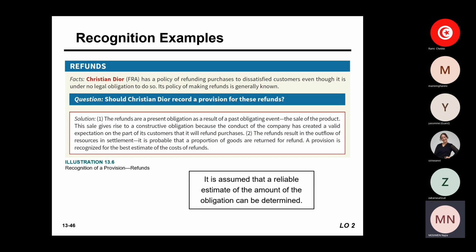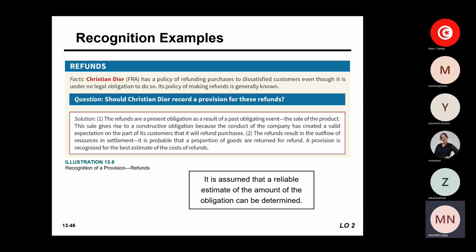So this is the constructive obligation, because that's the history of the company that really created that expectation from customers that they can be refunded, etc. So they don't have any problem with that.